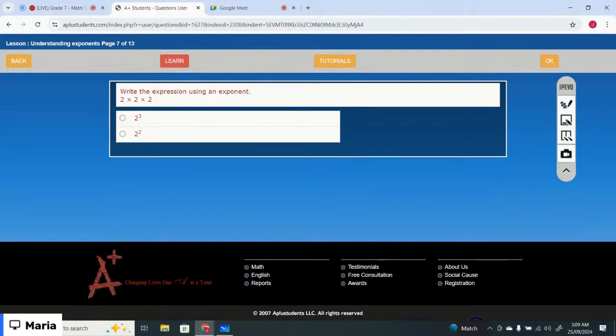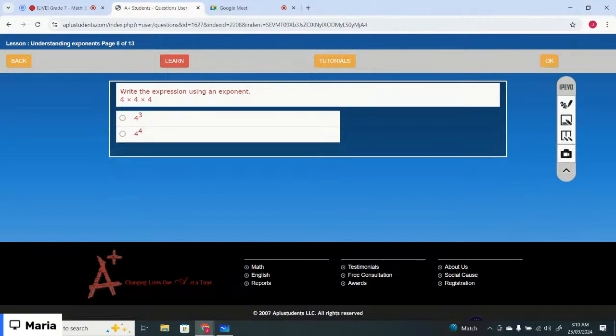Write the expression using an exponent. So which is the correct option? The expression is 2 times 2 times 2. The correct option is 2 exponent 3. Option number 1 is the correct option. That is 2 exponent 3.